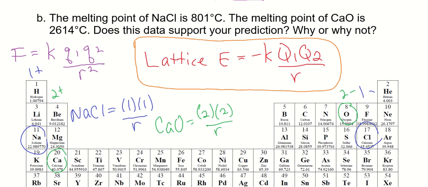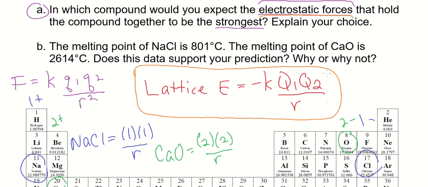The distance between the ions is actually pretty similar, so the primary factor in comparing these two is going to be the numerator. You can look it up, and the lattice energy for calcium oxide should be roughly 4 times the lattice energy of sodium chloride.